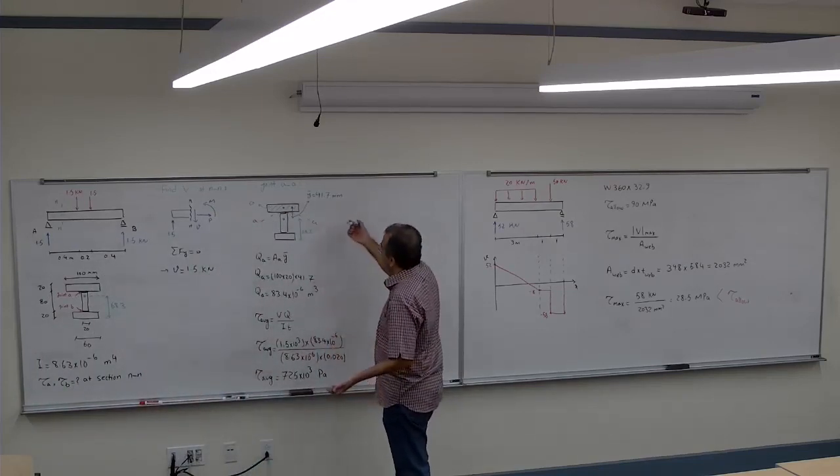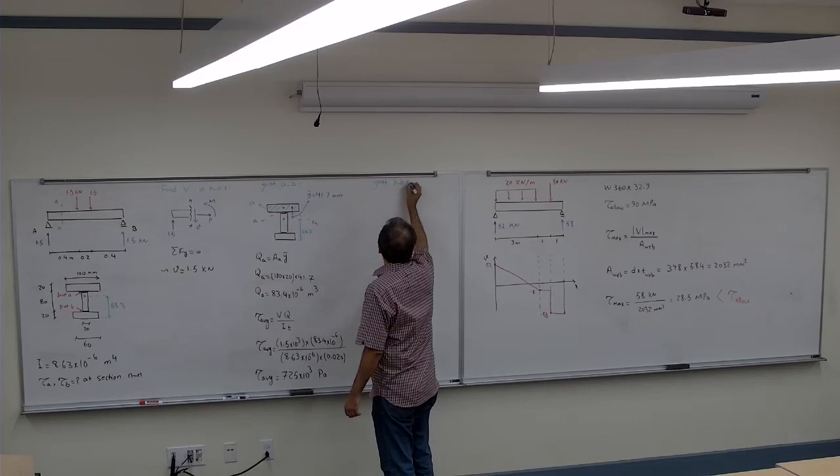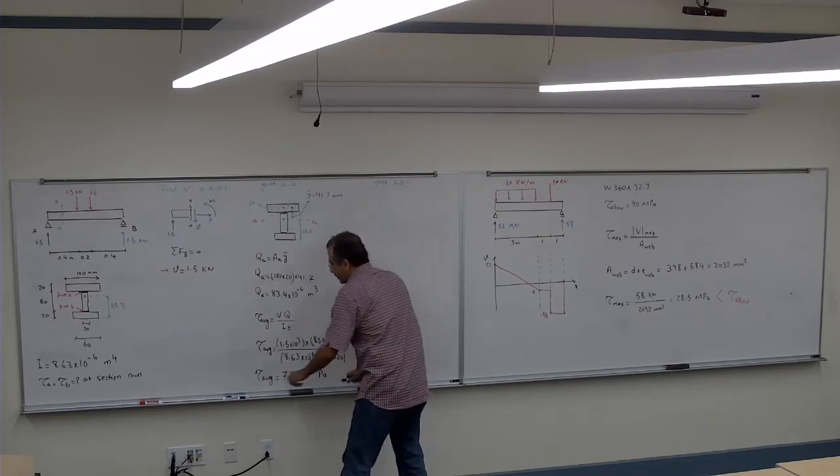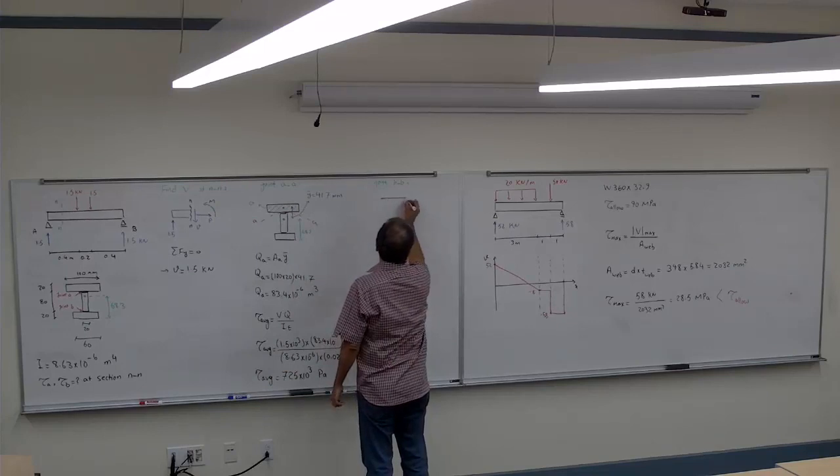It is the very same thing for the joint BB. So if I go for the joint BB, I'm gonna draw the cross section again. That's the cross section.